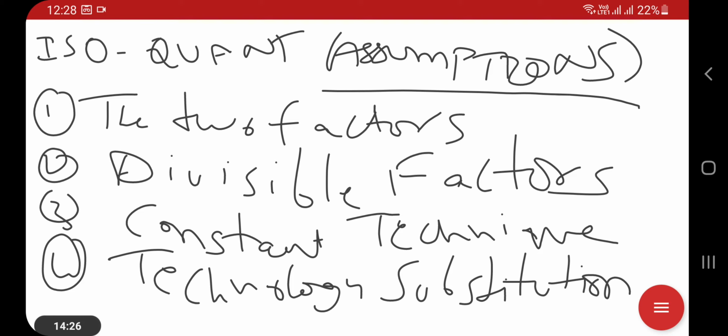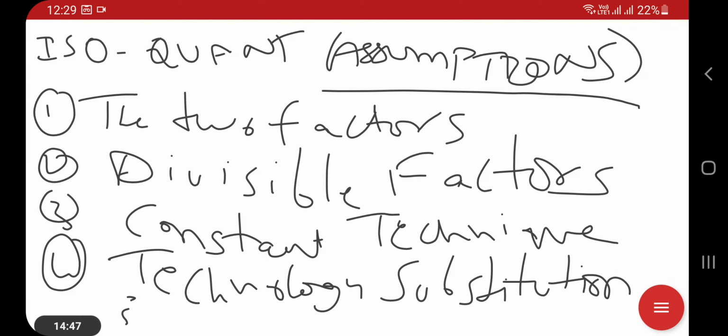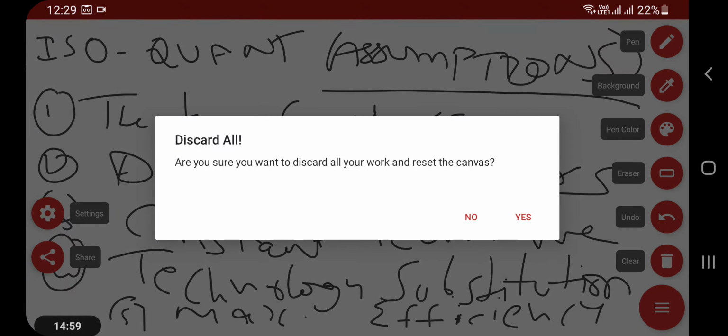Factors of production can be used with maximum efficiency, and one such assumption is maximum efficiency.